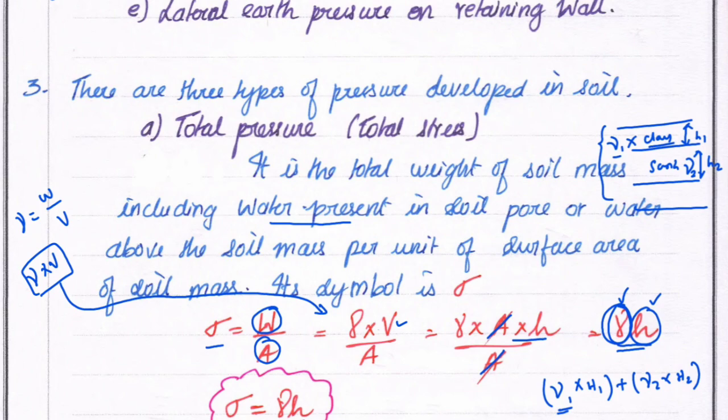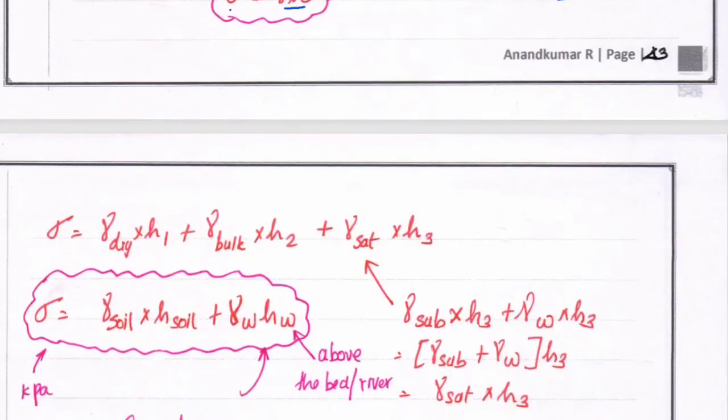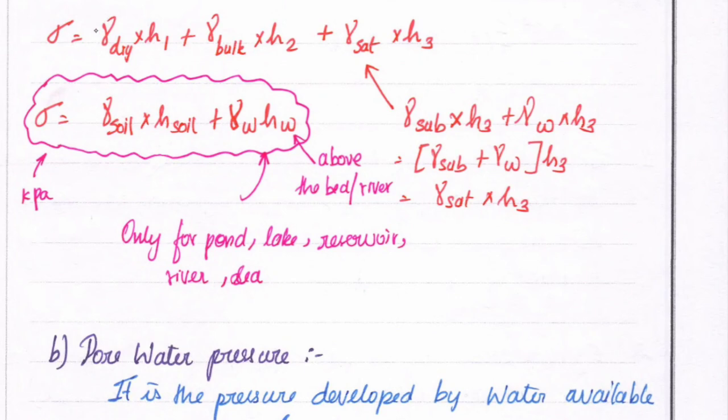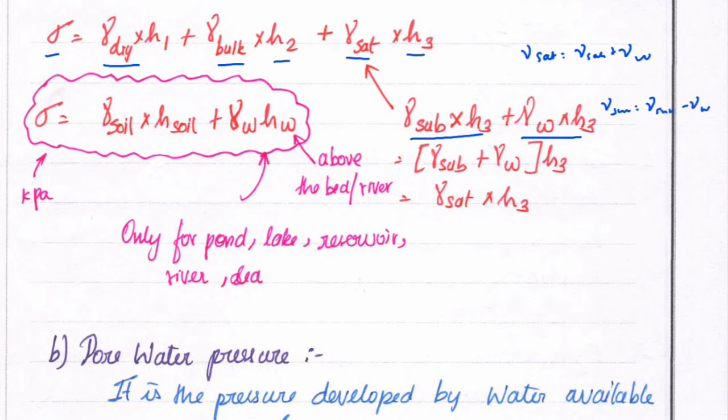So we write sigma equals gamma dry into h1, plus gamma bulk into h2, plus gamma saturated into h3. If submerged unit weight, gamma submerged into h3 plus gamma w into h3. We know gamma saturated equals gamma submerged plus gamma w, or gamma submerged equals gamma saturated minus gamma w.